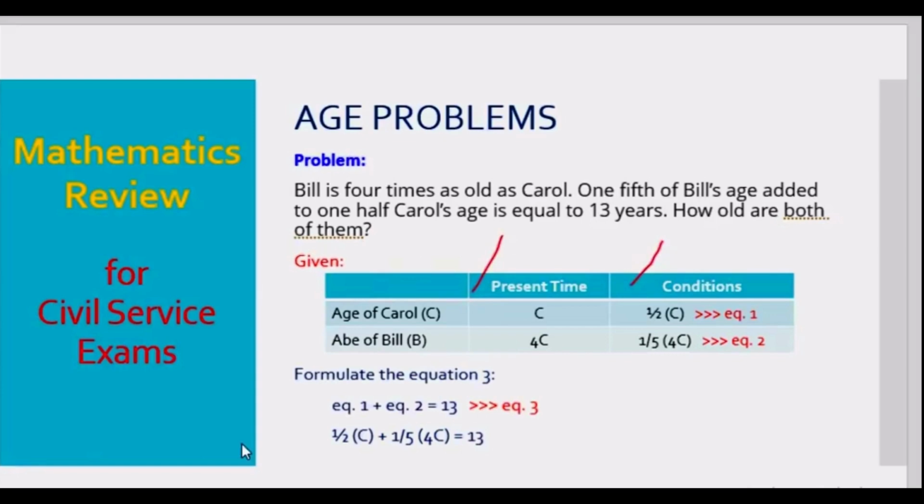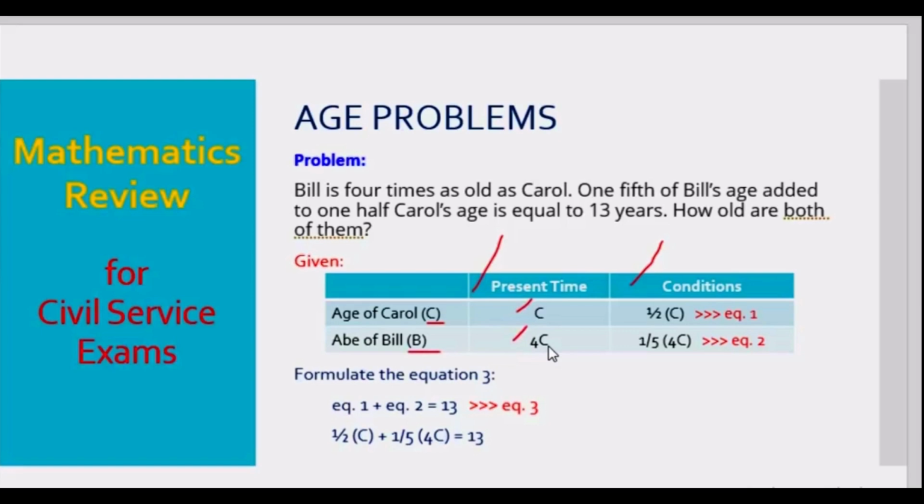So assumptions here, the age of Carol is C, the age of Bill is B. So at present time, the age of Carol is C. And the condition in the problem is that Bill, present time, is 4 times the age of Carol, which is written as 4C, 4 times.